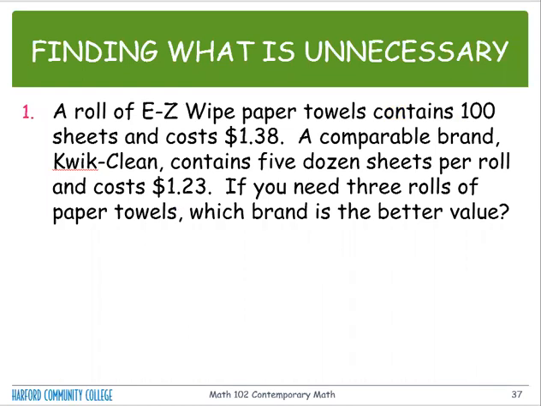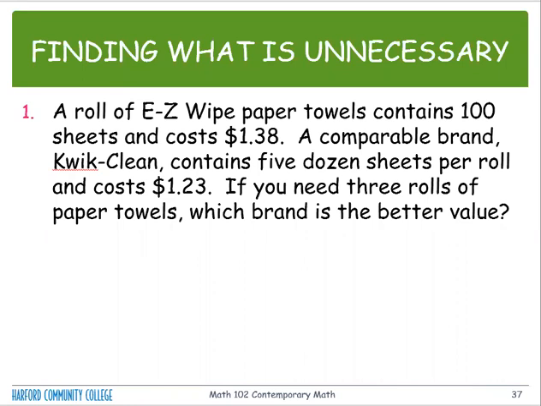For the next examples, we're going to find what is unnecessary. Example 1. A roll of Easy White paper towels contains 100 sheets and costs $1.38. A comparable brand, Quick Clean, contains 5,000 sheets per roll and costs $1.23. If you need 3 rolls of paper towels, which brand is the better value?